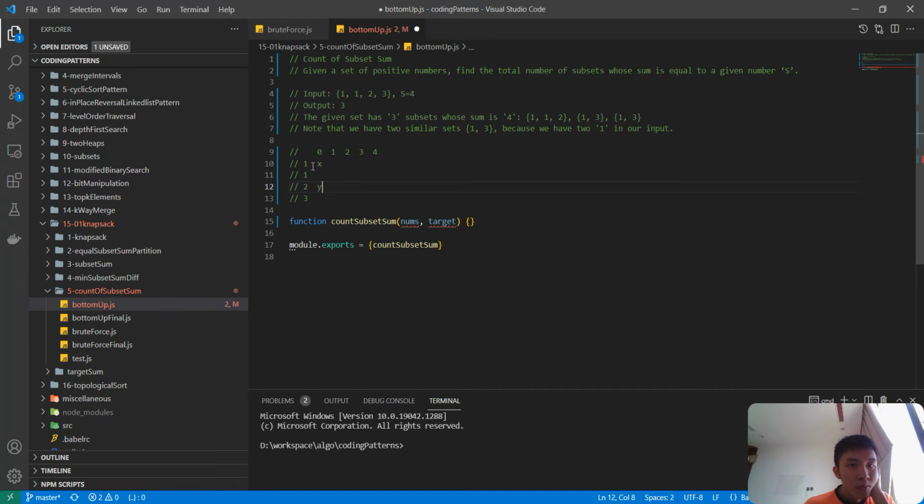As we fill up our table, we will end up in these positions.